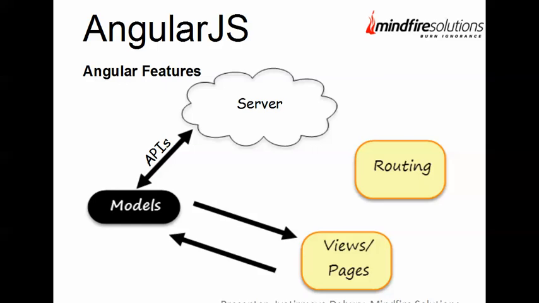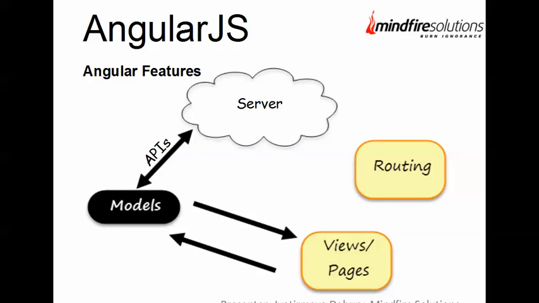So this is the very basic structure of how AngularJS works. In Angular we have models. Models means it's the data, the JavaScript API which stores the data.